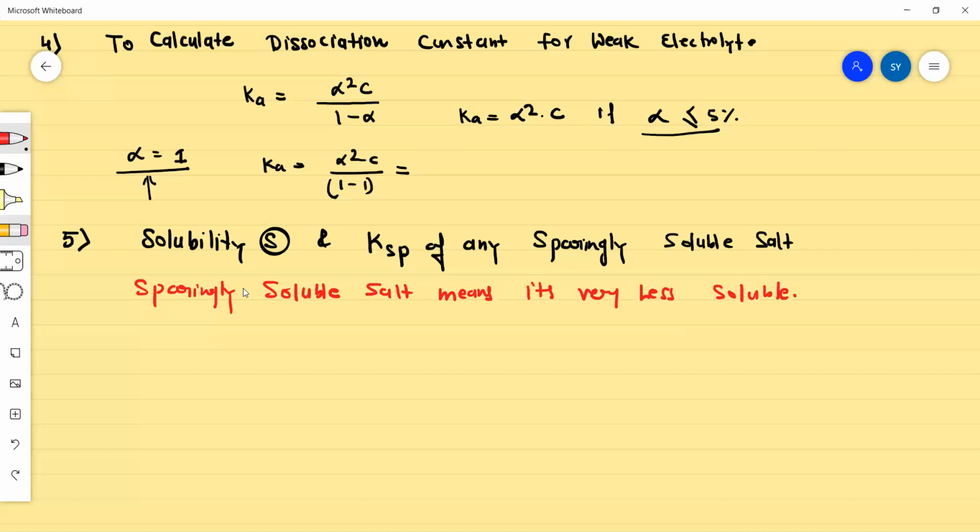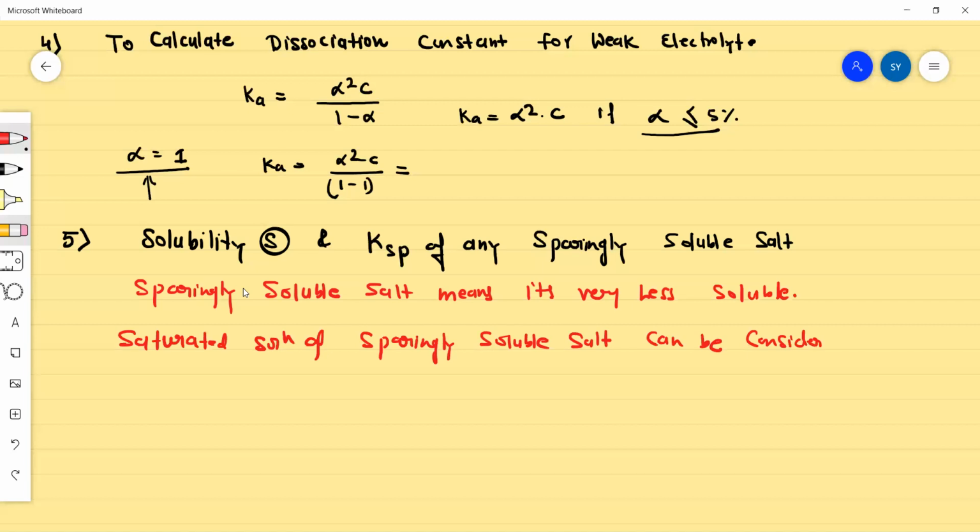And for a saturated solution, which means you cannot dissolve any further solute or salt, that saturated solution of a sparingly soluble salt can be considered as an infinitely dilute solution.